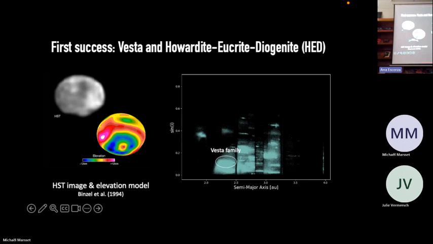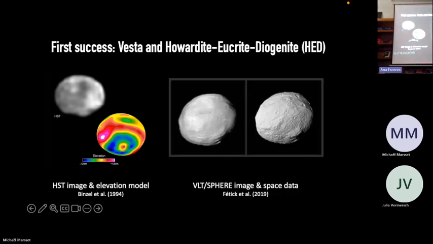And while we're here, I couldn't resist showing you this image of Vesta that we took a few years ago with SPHERE. So you can see it's a deconvolved image. You can see the improvement compared to HST. And this is an image from space, from the Dawn mission, and you can see the excellent match of geological features.